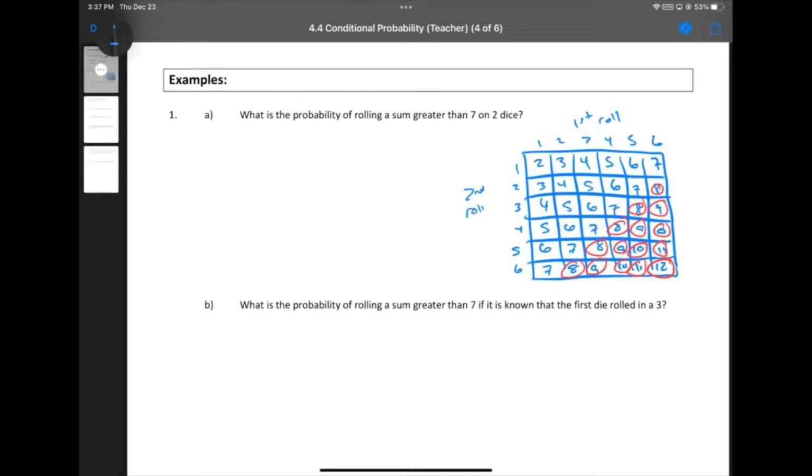Now also note that this is not actually a conditional probability question. There is no condition of something that has already happened. It's just asking what is the probability of getting a sum greater than 7 on 2 dice. And we can just basically look at it and say, well, it's the number of red circles we got.